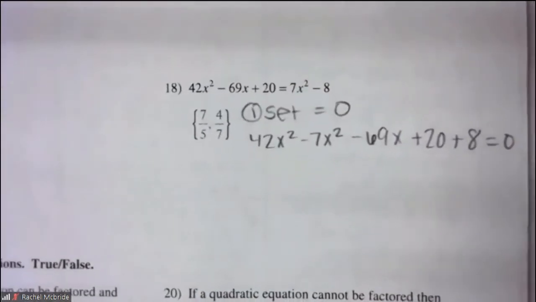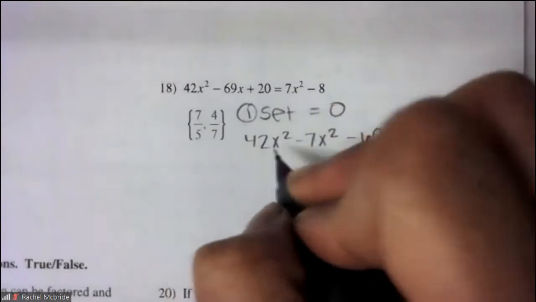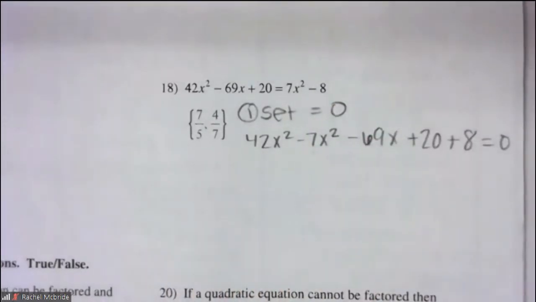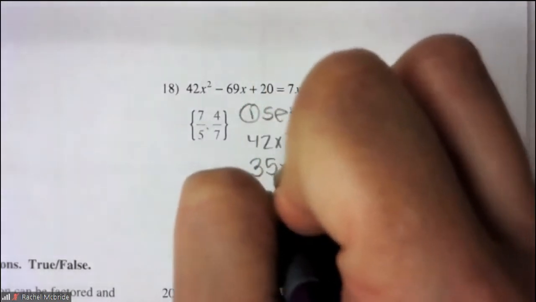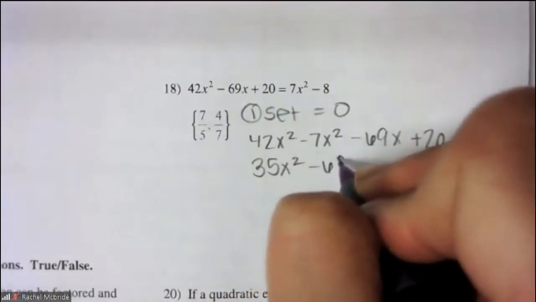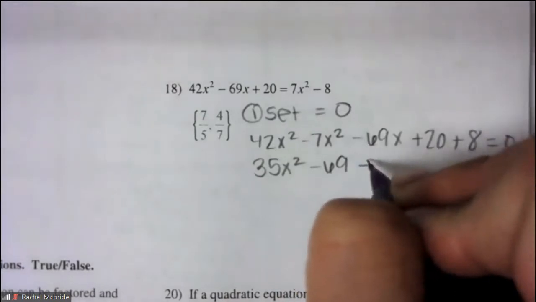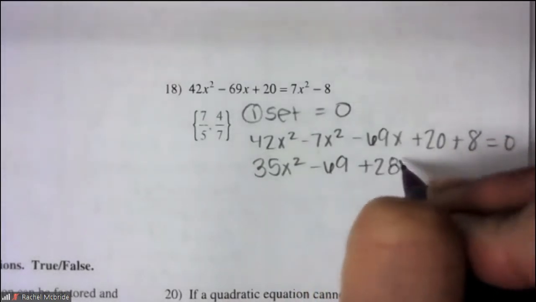Then you combine like terms. 42 take away 7 gives you 35x squared, and you combine 20 and 8 to a positive 28.